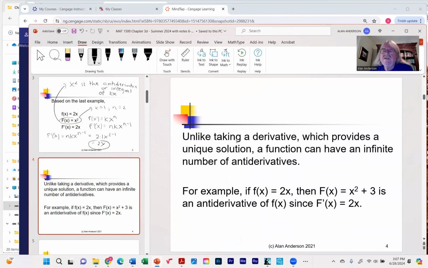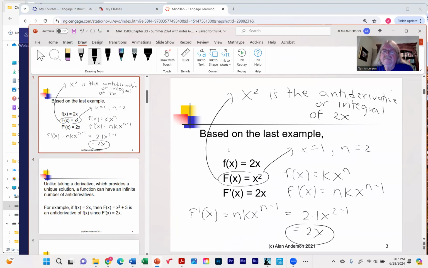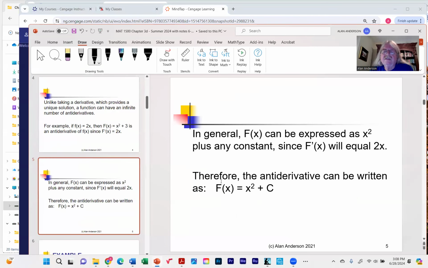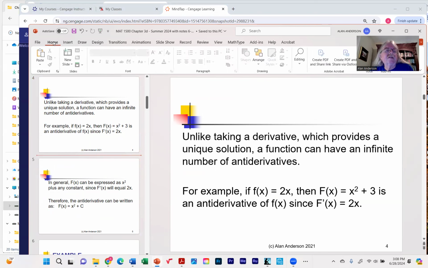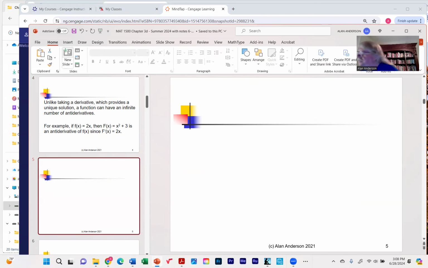now here's one of the strange things about integration. We just got through showing here that lowercase f of x equals 2x, and we showed that capital F of x, the antiderivative, is x squared. And we know that that's true because F prime of x is 2x.